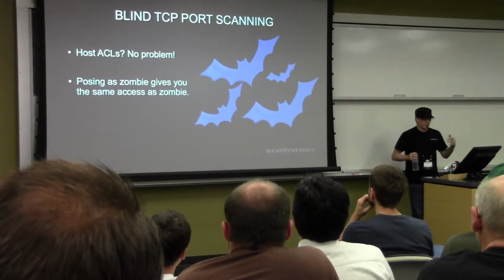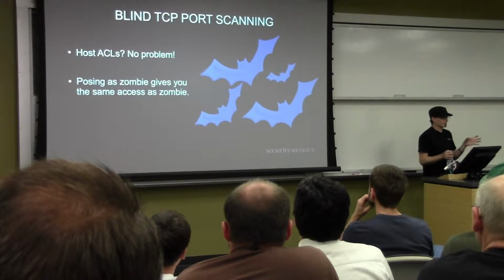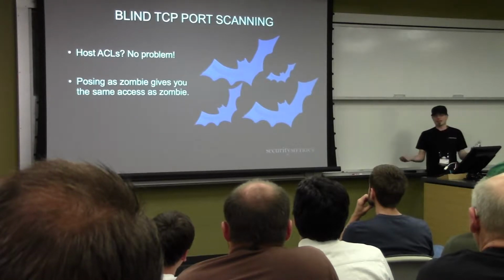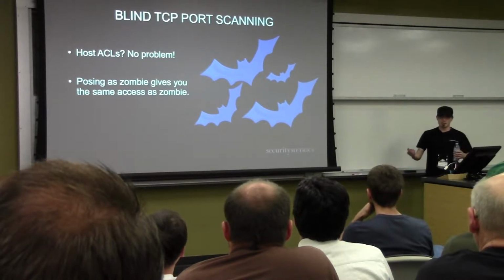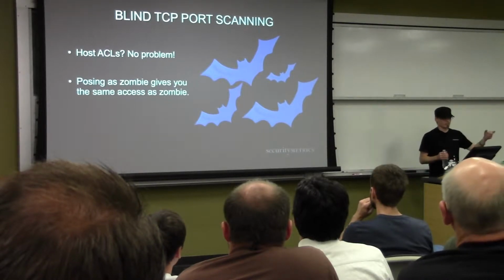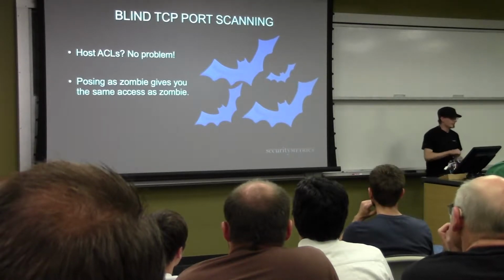This allows for blind TCP port scanning. Normally, if a host has ACLs in place that would prevent you from scanning it, that's it. You're out of luck. You're not going to get any sort of response, because it sees I'm not supposed to talk to you, and just a wall goes up.